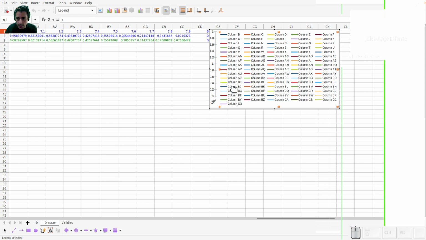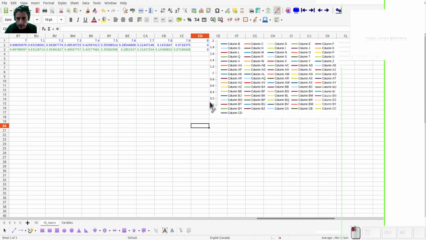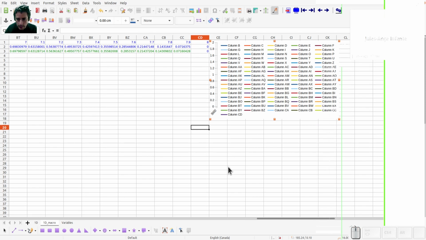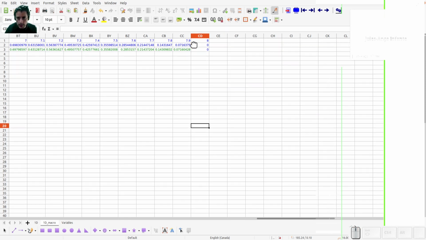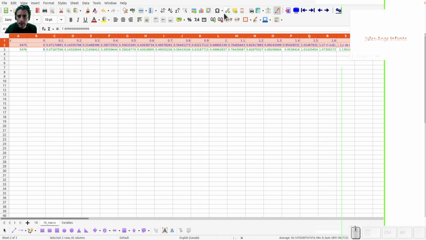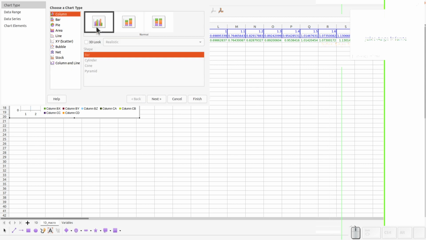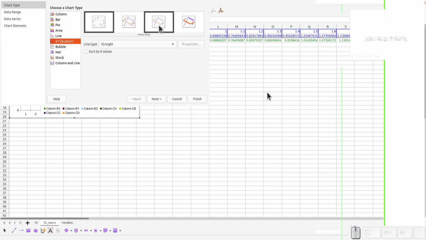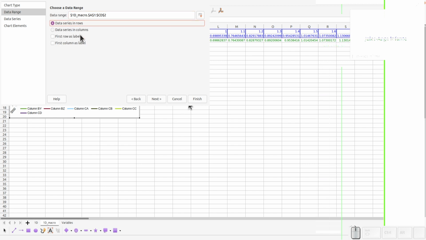Oops. Let's delete that one actually and redo this properly. Okay, so we have something in that order, which is basically what we expect to have anyways.